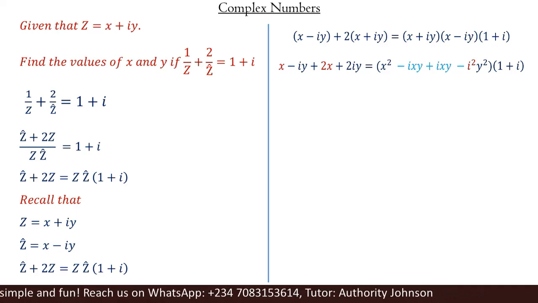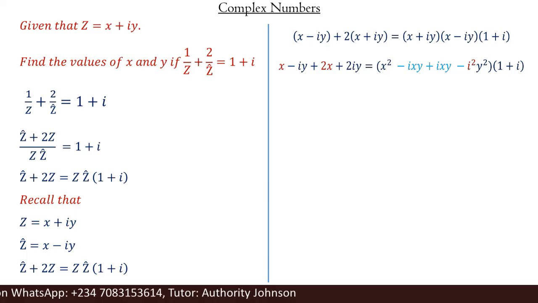Again, iy multiplied by minus iy gives us minus i squared y squared. Then we have the third bracket, which is 1 plus i, right? Good. 1 plus i.